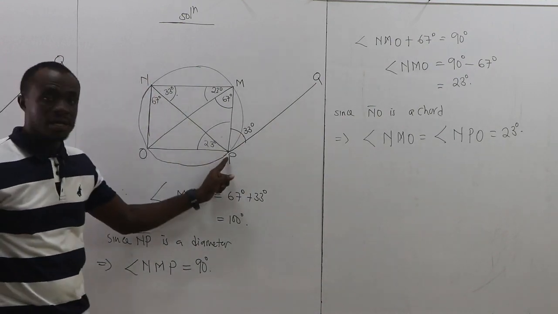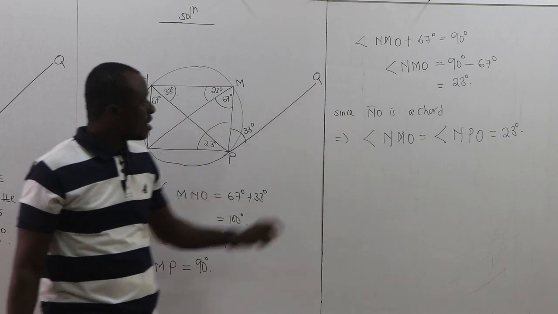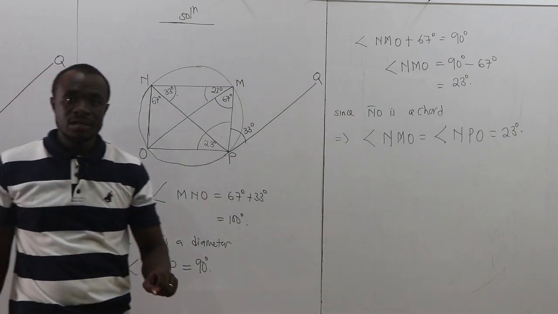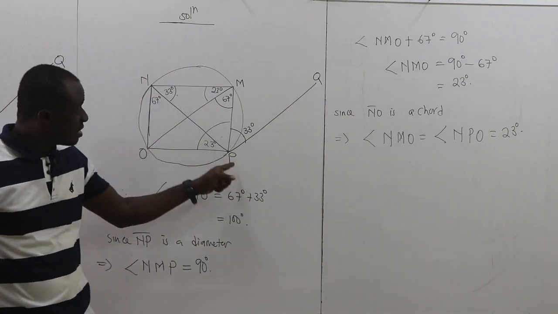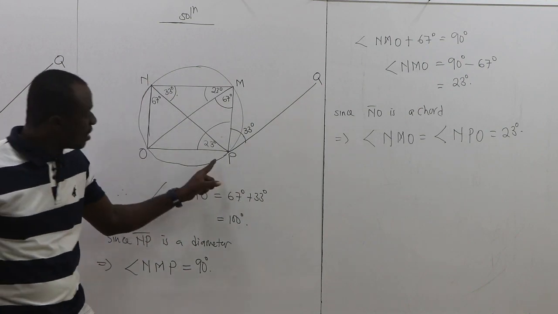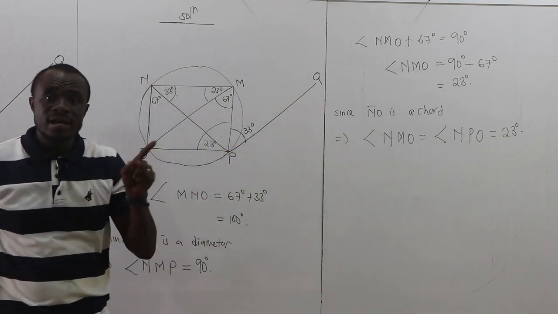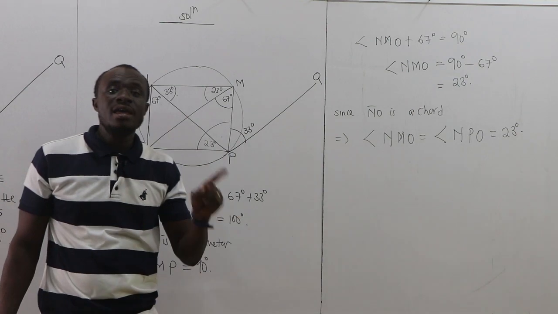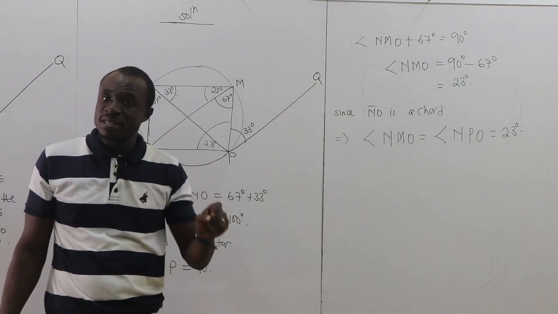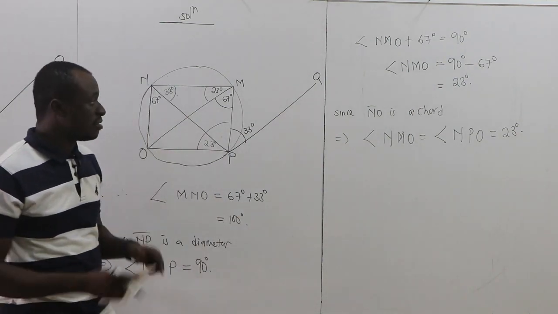We know NP is a diameter, and this is a tangent. The angle a diameter and a tangent make is equal to 90 degrees.